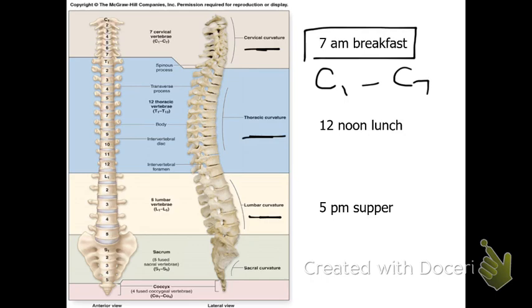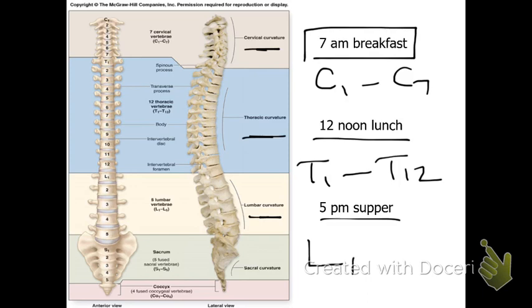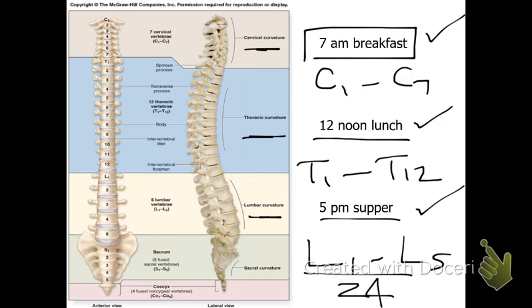There are 12 thoracic vertebrae, T1 through T12. And there are 5 lumbar vertebrae, L1 through L5. So one silly little way to remember this is perhaps you have breakfast at 7, lunch at 12, and dinner at 5. So just as a way of helping you remember, 7, 12, 5. Now you add those up and you see that there are in fact 24 vertebrae.